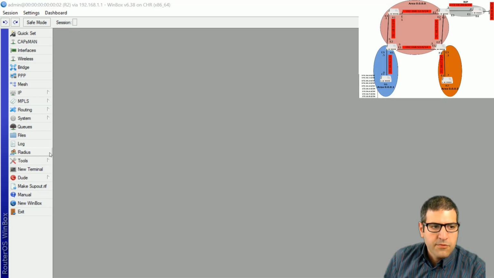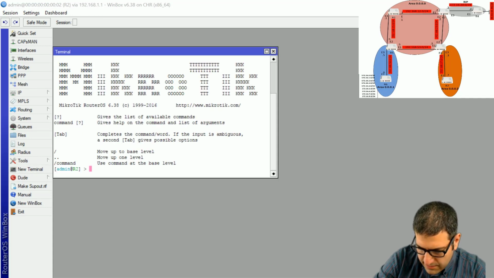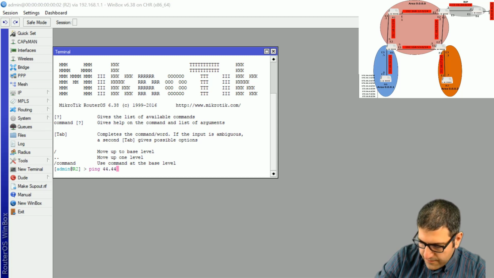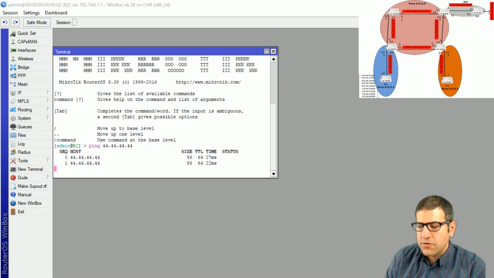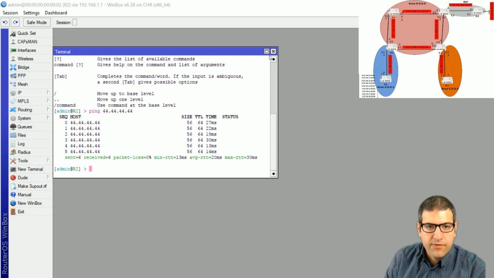Okay, now we have to ping it. So I'll just go to the terminal here. And from here I will say ping 44.44.44.44. And then here we go. We can see router 2 can ping the network of router 4.